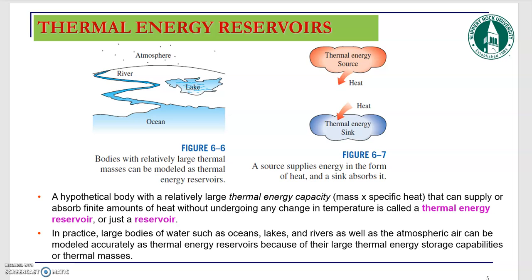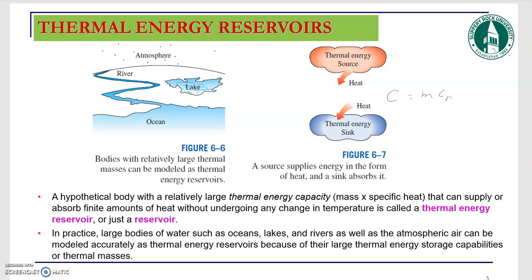So we were trying to introduce the concept of thermal energy reservoirs, and the first thing we needed to know is basically what is the concept of thermal energy reservoir. So a thermal energy reservoir is a reservoir which has very high thermal energy capacity. Thermal energy capacity is usually shown with capital C, and you can write it in terms of mass multiplied by specific heat of that specific fluid that you're talking about.